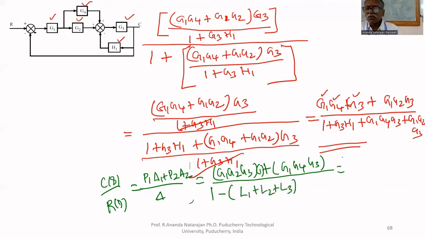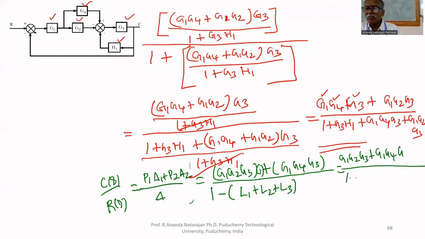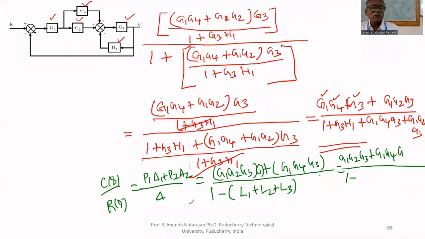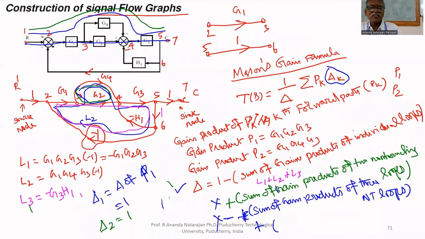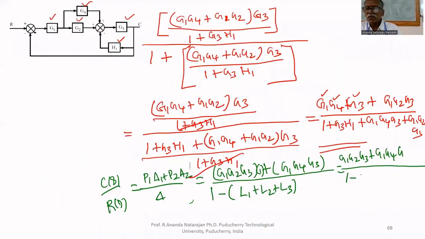That is equal to G1, G2, G3 plus G1, G4, G3 upon 1 minus, what is L1? Minus G1, G2, G3.